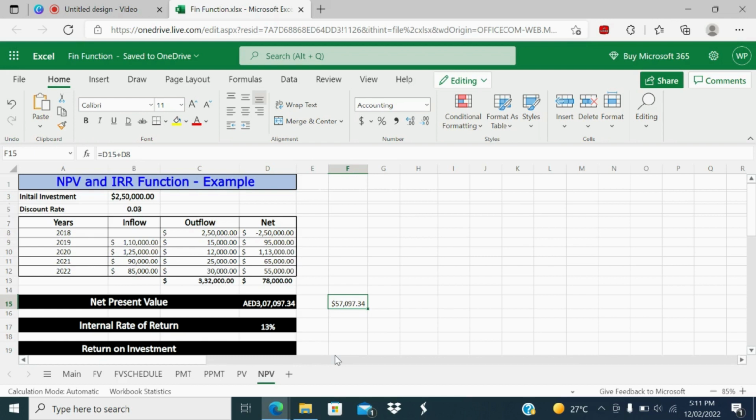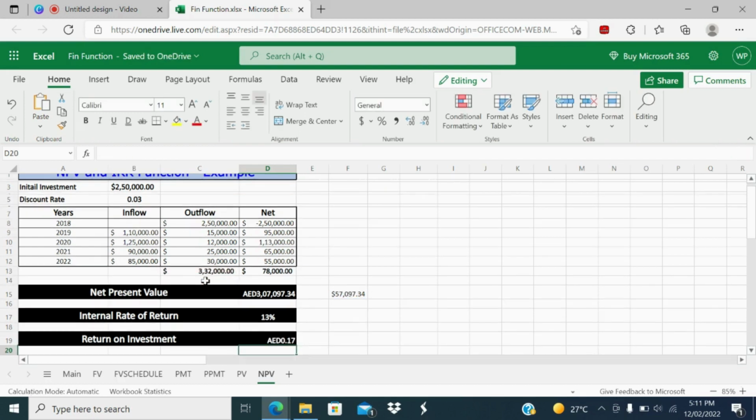I'll write the formula: equals 57,000, that is the net present value, divided by total outflow, and close the bracket. My return on investment is 17%.